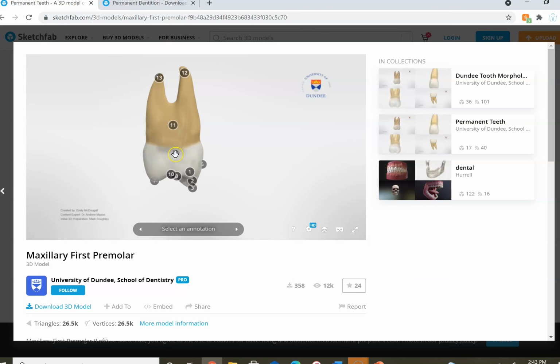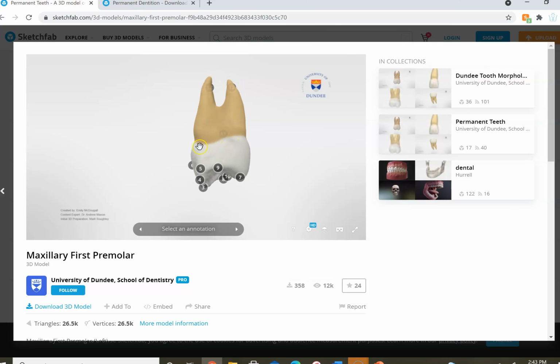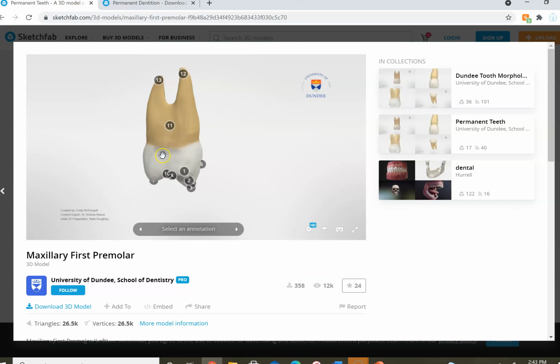This curve is slightly more curved on the mesial side than on the distal side. The distal side is typically a little flatter, about 1 millimeter less curvy compared to the mesial side. So the mesial side always has more curvature. Mesial, more curvy.